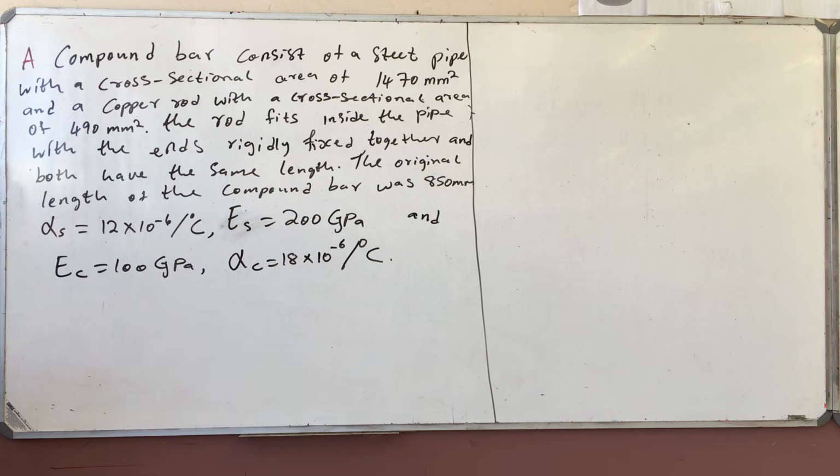So, okay. They say a compound bar consists of a steel pipe with a cross-sectional area of 1470 millimeters square. This is the steel pipe.